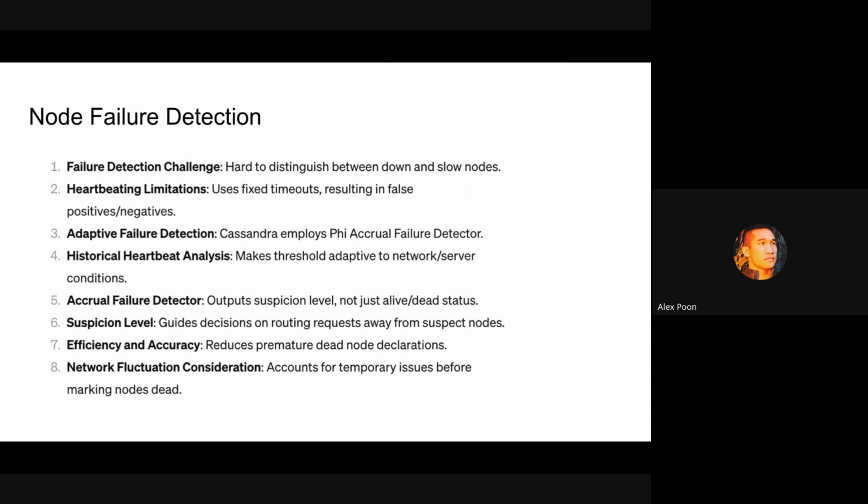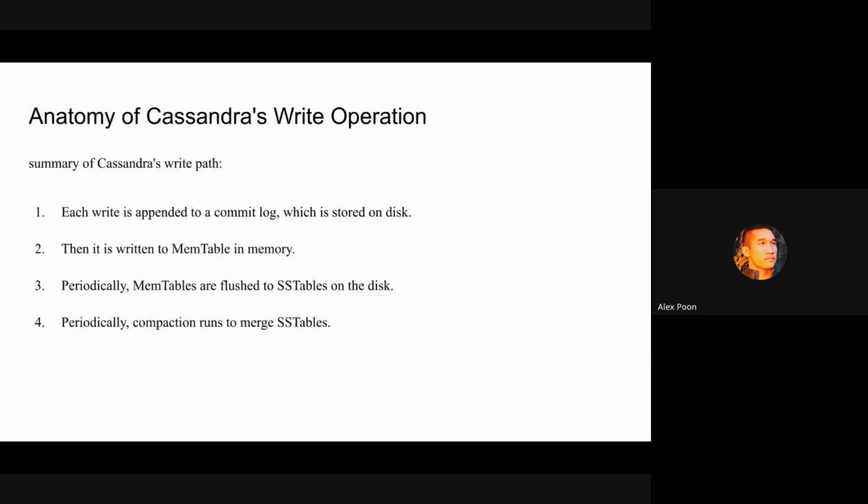Phi accrual failure detector makes a distributed system efficient as it takes into account fluctuations in the network environment and other intermittent server issues before declaring a system completely dead. Now that we have discussed Cassandra's major components, let's see how Cassandra performs its read and write operations.